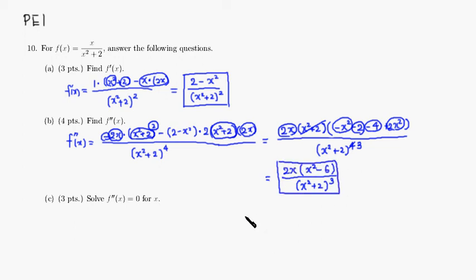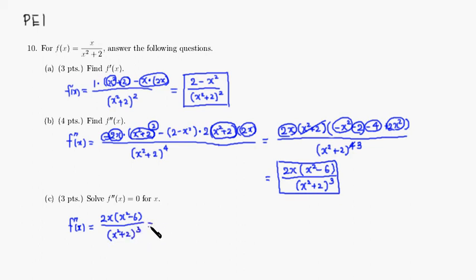And for part C, all you have to do is set the second derivative equal to 0 and find the values of x. So you have f double prime of x from part B came out to be 2x times quantity x squared minus 6 divided by quantity x squared plus 2 to the 3rd power.